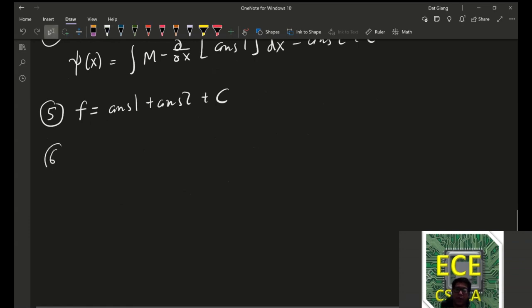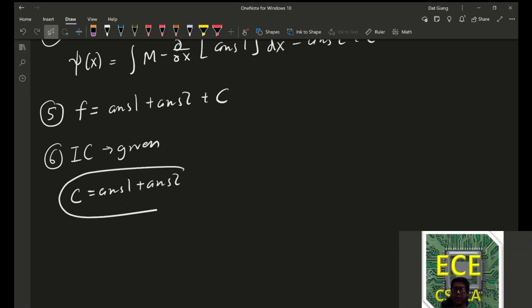But if initial values are given, so if an IC is given, then we have to actually give it in this form: answer 1 plus answer 2. That way, we're able to solve for what our constant is when we plug in the numbers.